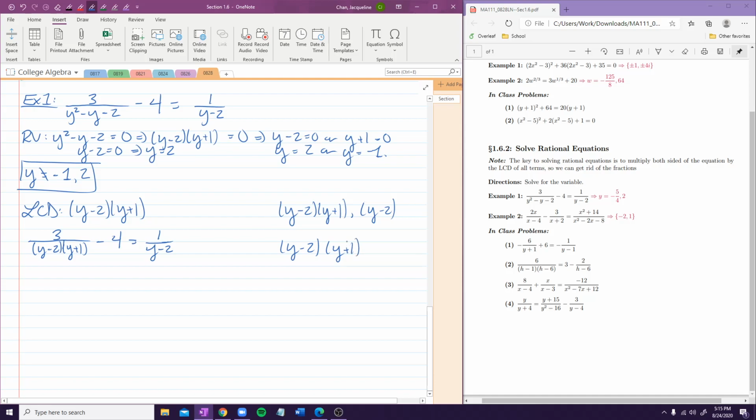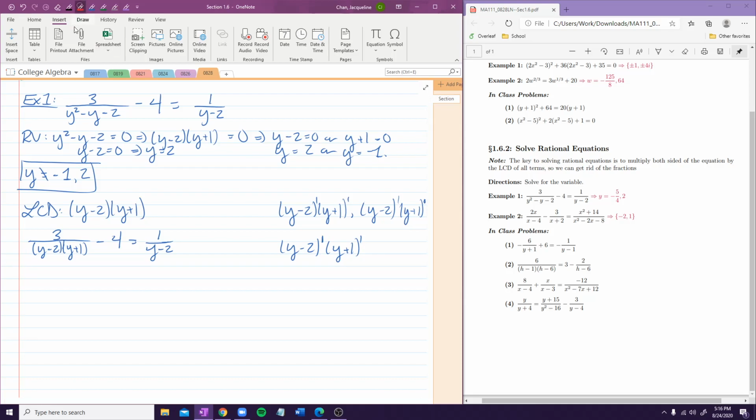You list each once, and then look at which one has the highest exponent. Over here, this is to the first and to the first. For the other denominator, you can imagine the y plus 1 is there but to the 0 power, because anything to the 0 power is 1. So the highest power with the y plus 1 is just 1. That's why the LCD is the quantity y minus 2 times the quantity y plus 1.